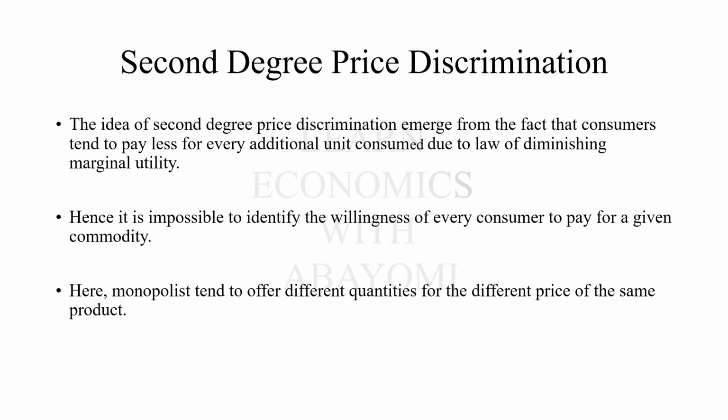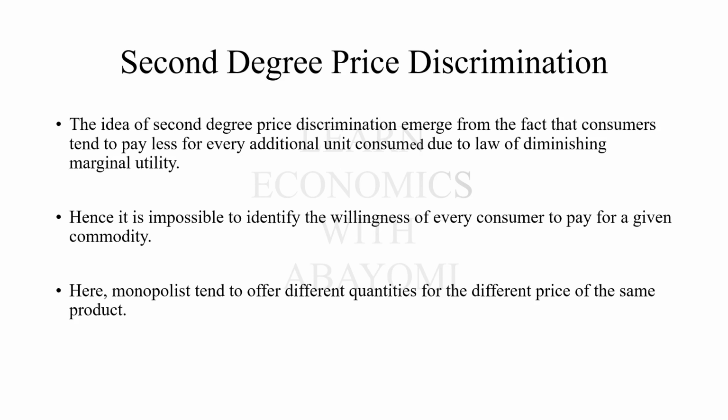Unlike the first degree, where the monopolies rip off the consumer surplus of the customer, here the monopoly tends to offer different quantities for different prices of the same good. So now, this one actually explains better.